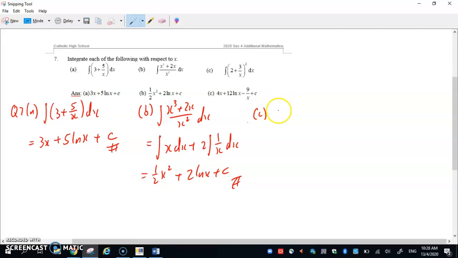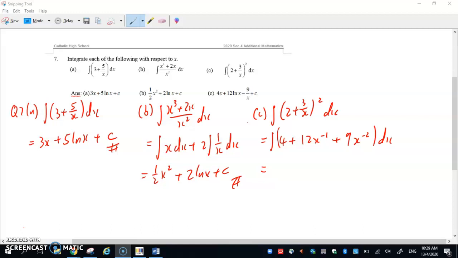For part C, we'll just complete the expansion here to achieve 4 plus 12 x to the power minus 1 plus 9 x to the power minus 2, in brackets, dx.